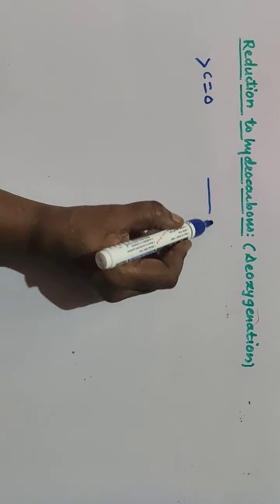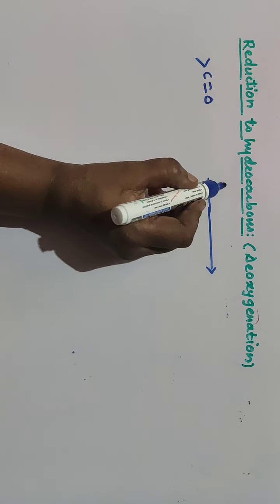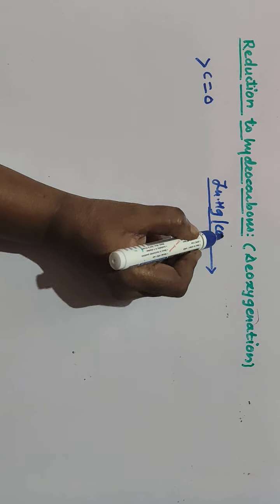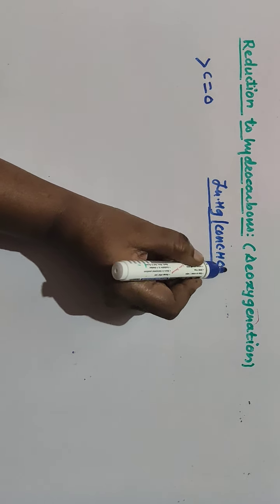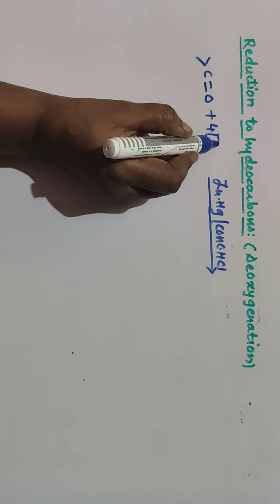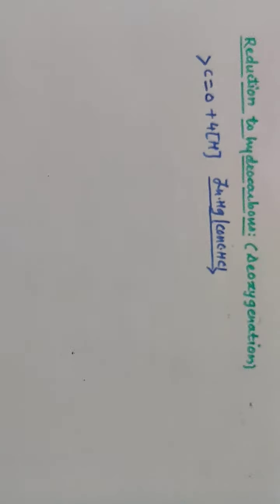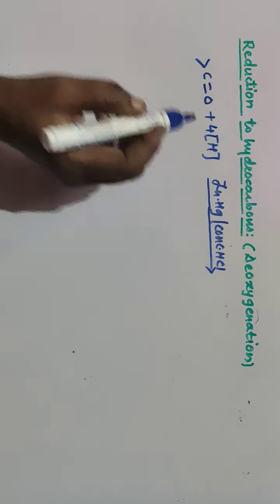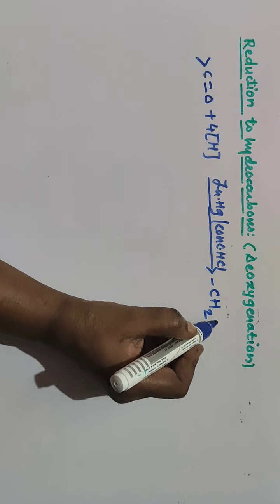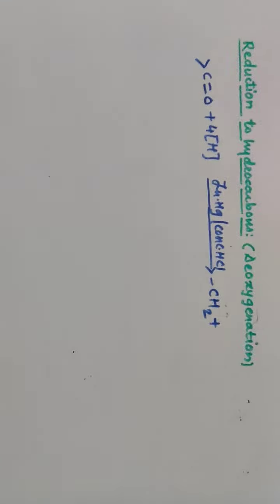is treated with zinc amalgam, ZnHg, in concentrated HCl, then actually the oxygen atom is replaced by two hydrogen atoms here, and you will get your corresponding CH2 group, methylene group.